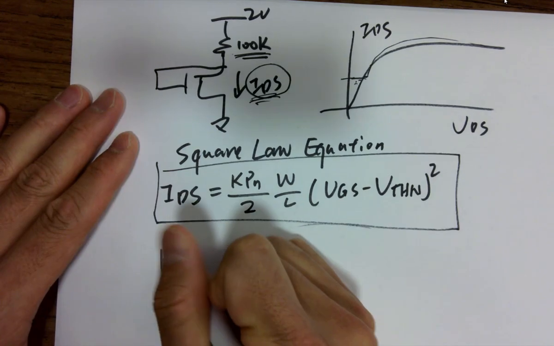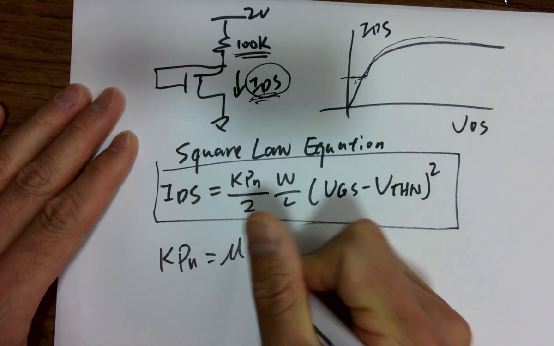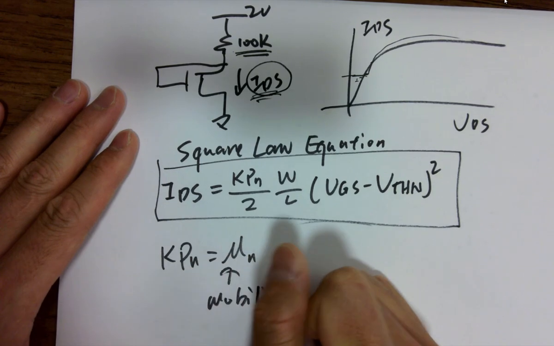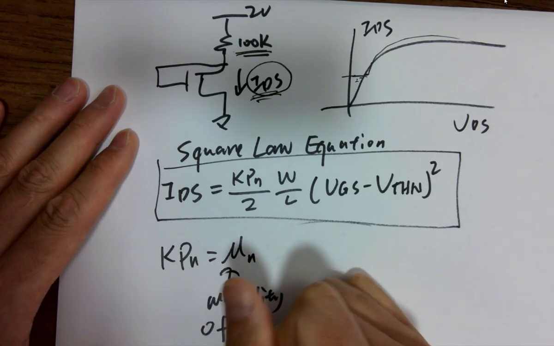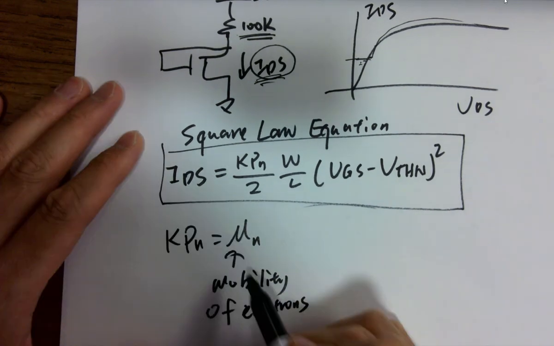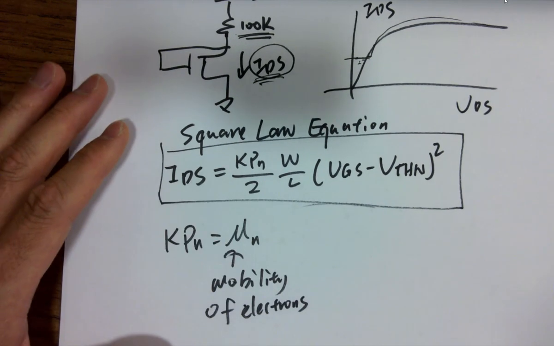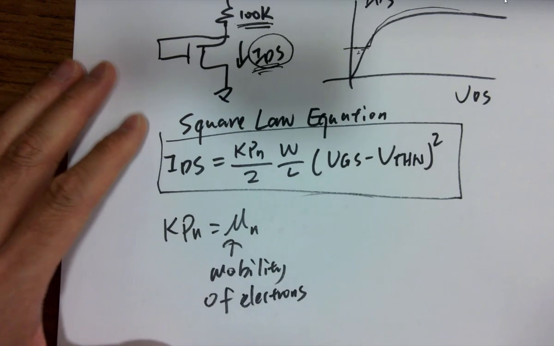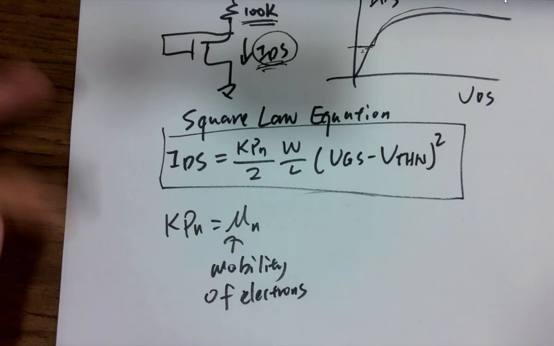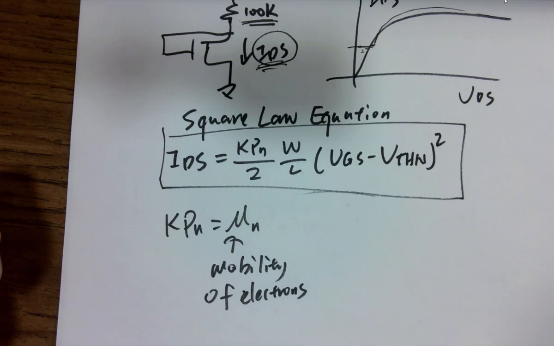So KPN equals the mobility of the electrons, so that's determined by the dopant density or concentration, right? So if you dope more N-type material, there will be more free electrons, free particles, right?